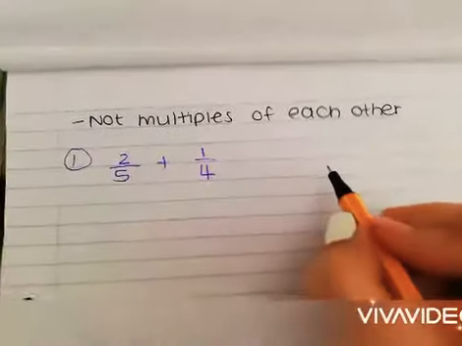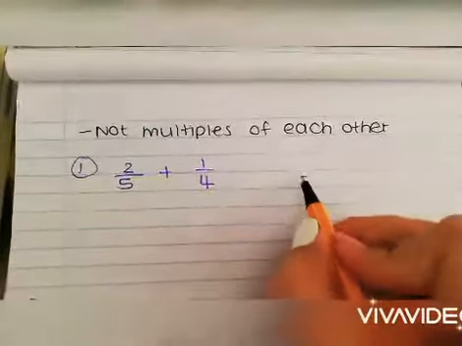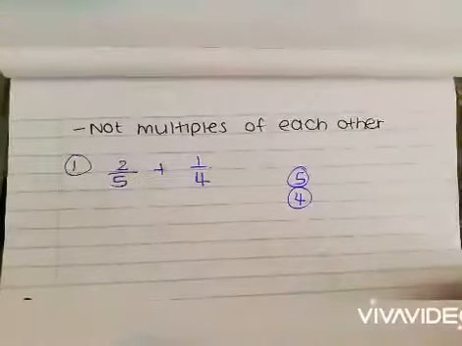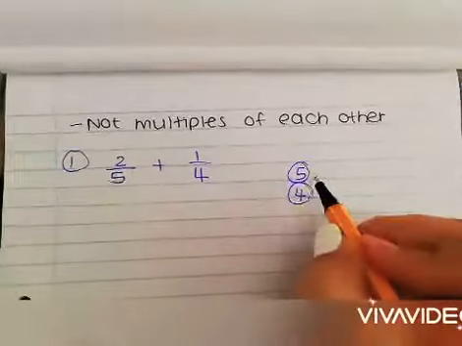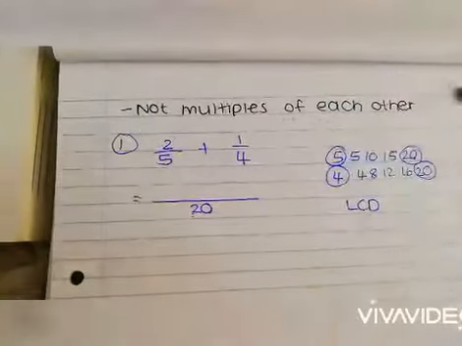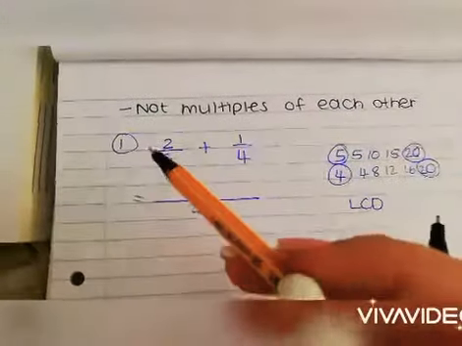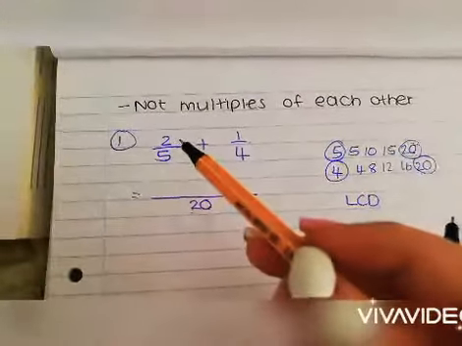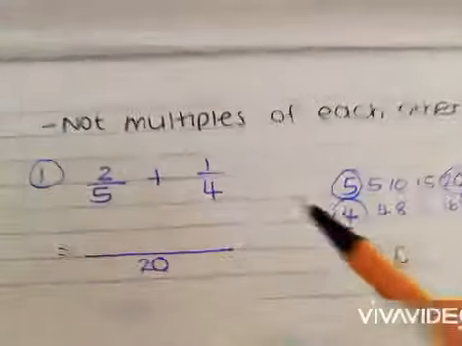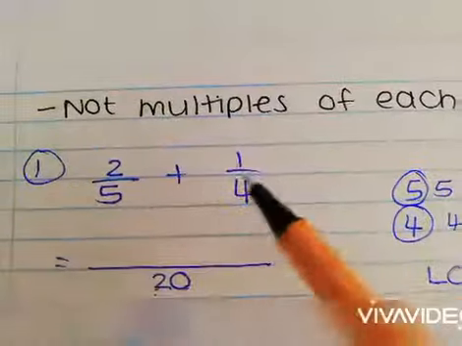So if you still get stuck, what I suggest you do is you make a list of the multiples of 5 and the multiples of 4, and you see what is the common one that you can both get to. So with fractions that are not multiples of each other, I've got a question here where we've got 2/5 plus 1/4. So our denominators are 5 and 4.